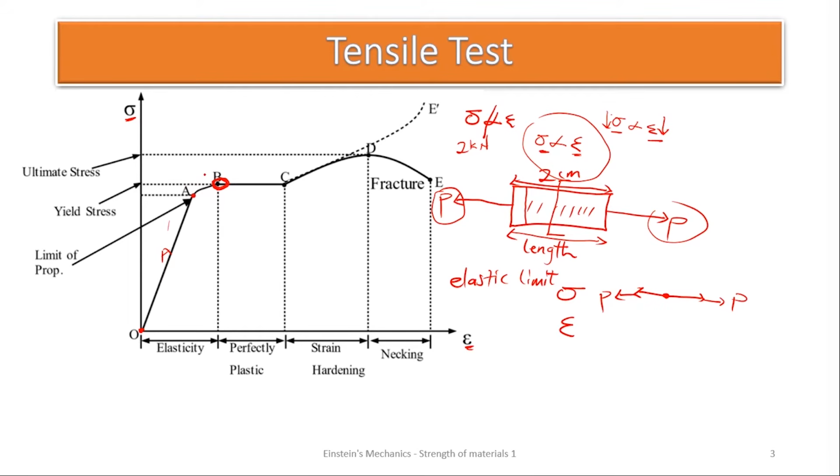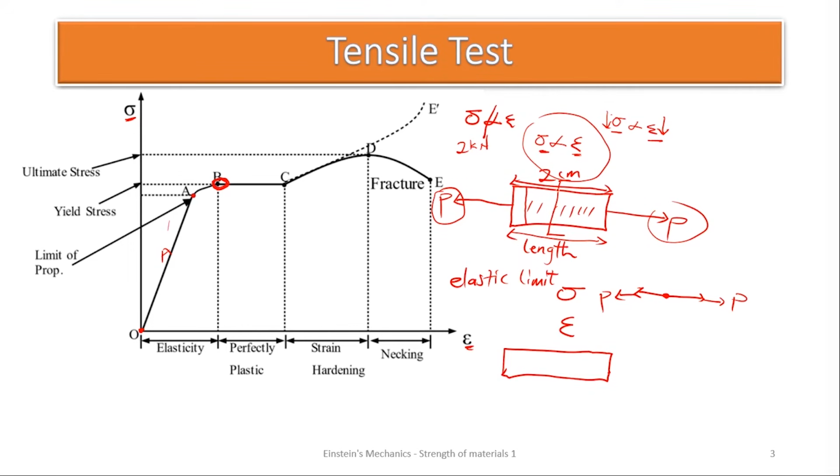But from A to B, the difference is that the stress here is not proportional to the strain. But from B to C, what we see is that as the forces are being applied, there is going to be an elongation in this bar. So the bar is no longer going to remain at its original size.